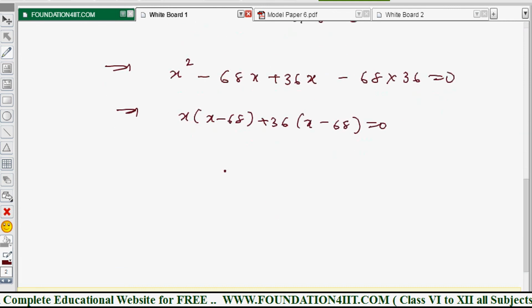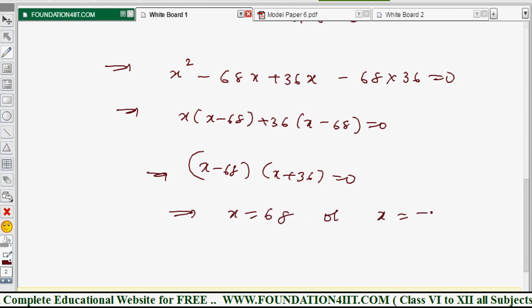So x minus 68 into x plus 36 is equal to 0. From this, x is equal to 68 or x is equal to minus 36. Only x equal to 68 is correct, because the negative is neglected.